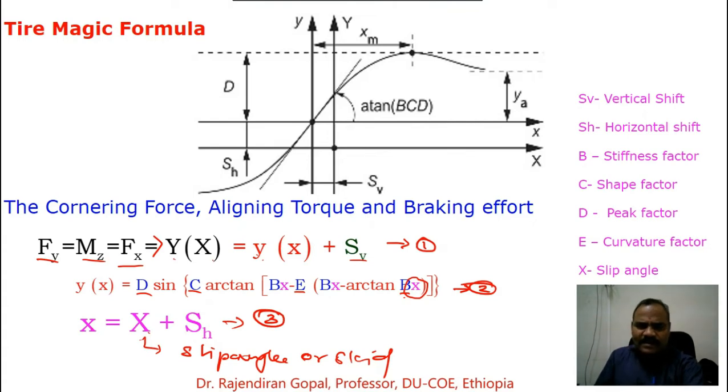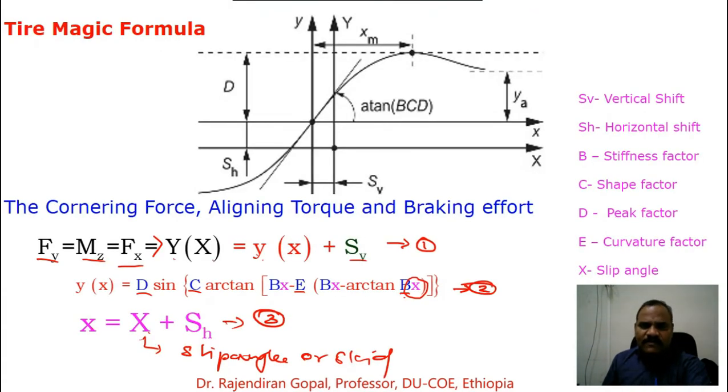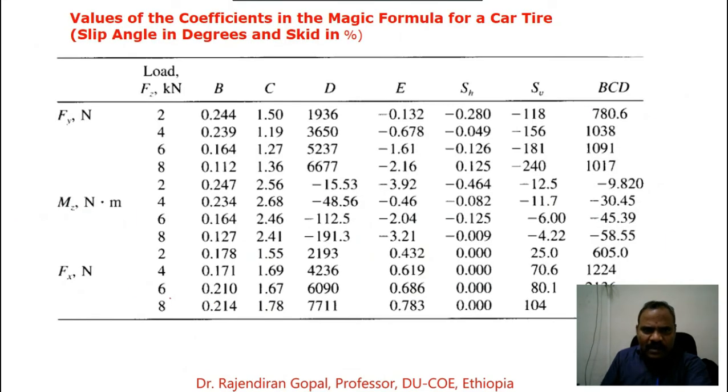So in our case, for these 3 equations, the coefficients of the tire magic formula are given in the table for 4 loads, that is for cornering force, aligning torque and braking effort. For each load the coefficients have different values.